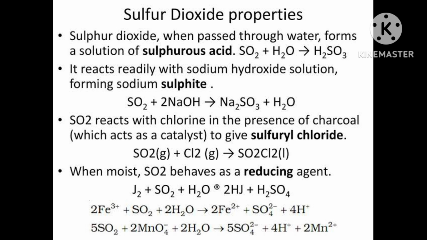Two bonds are with oxygen, what I discussed earlier, and both are double bonds. Then the third bond is also with oxygen, but this is a single bond. And the fourth bond is with OH.